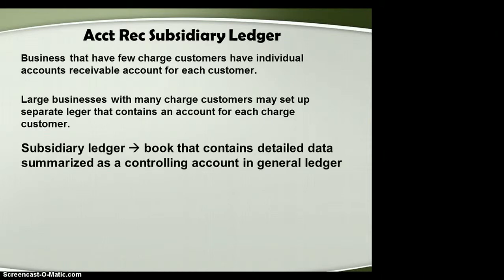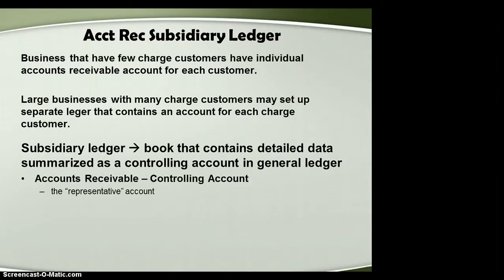This subsidiary ledger is just another book, another ledger that contains the detailed information behind a controlling account in a general ledger. All that means is that we're going to have a separate book where we track all of our separate accounts receivable, and then in our general ledger we'll just have what's called the controlling account. The accounts receivable controlling account is what we'll see in our general ledger.